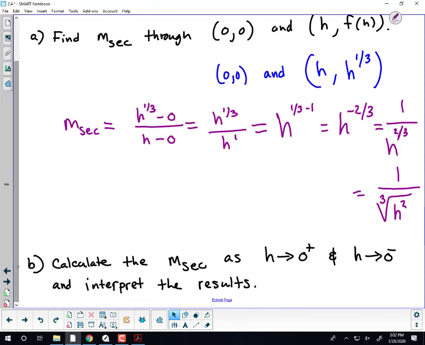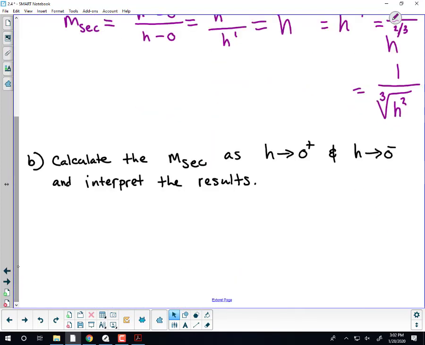we're going to say calculate the slope of the secant line as h approaches 0 from the right and as h approaches 0 from the left, and interpret the results. So if h approaches 0, then this second coordinate is approaching the first coordinate, right?